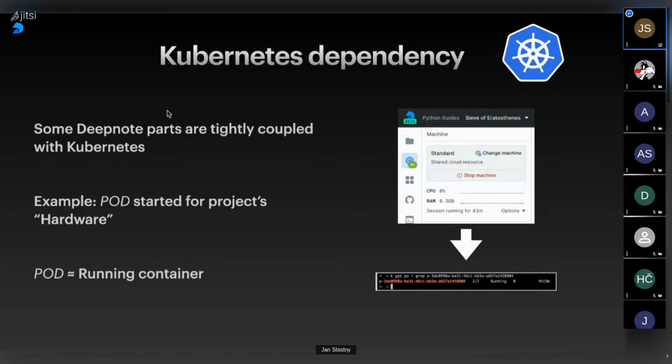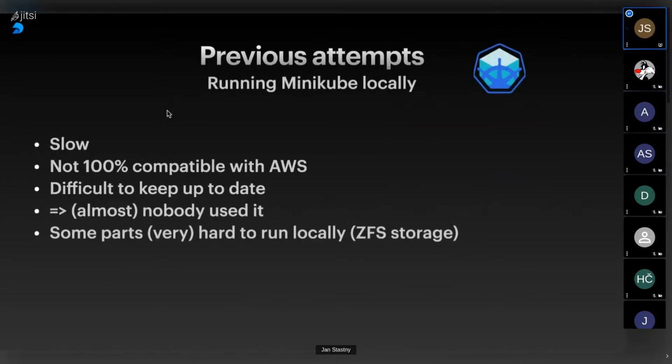Running a pod ad hoc locally requires you to have some sort of Kubernetes running locally. Not everybody was very happy about running Kubernetes locally, and it has never been very easy to do. We used to have Minikube available for local development, but this was slow.